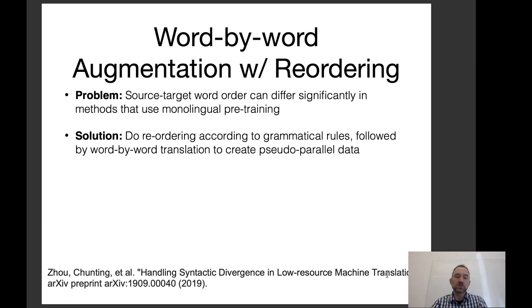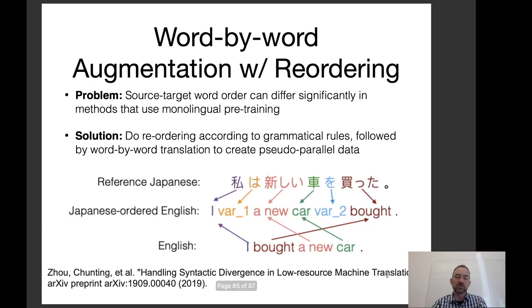So the solution is essentially to do reordering according to grammatical rules and follow a word-by-word translation to create the pseudo-parallel data. So essentially we have English here, and if we were doing English to Japanese augmentation, if we translated English word-by-word into Japanese, we get a similarly problematic translation.